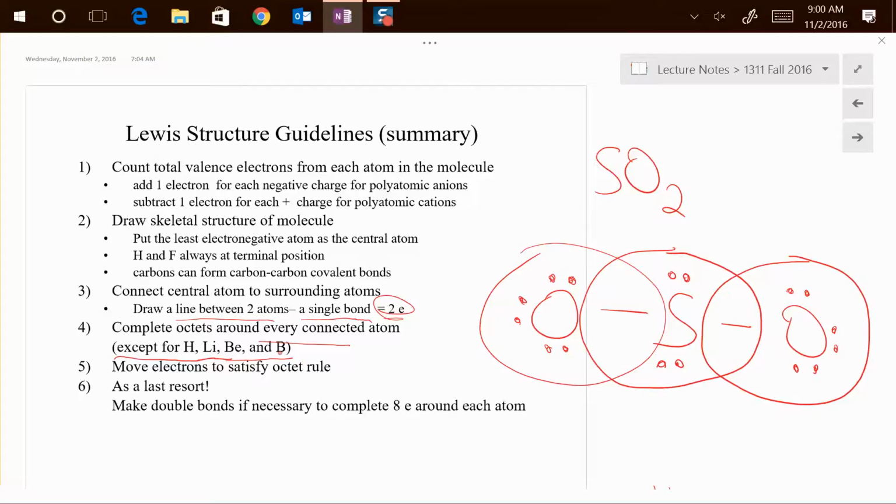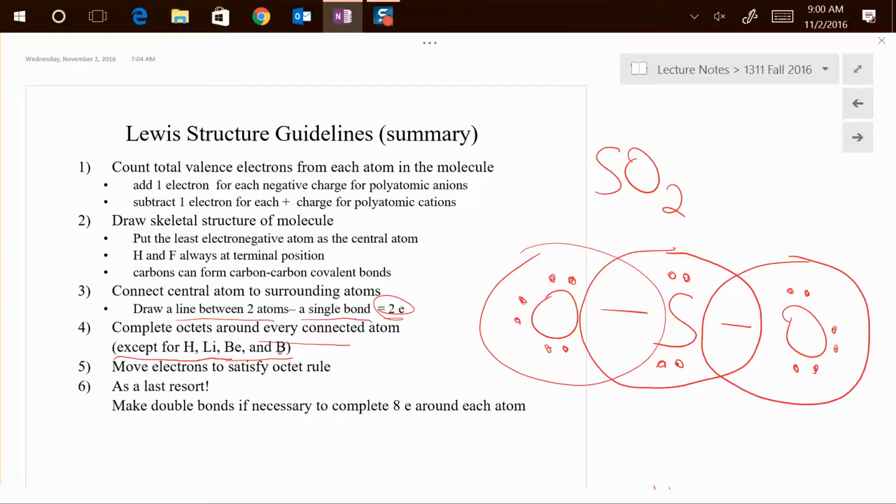What about beryllium? It can make 2 bonds, which is how many valence electrons? 4. So, everything before carbon cannot have a complete octet. Everything after carbon can.